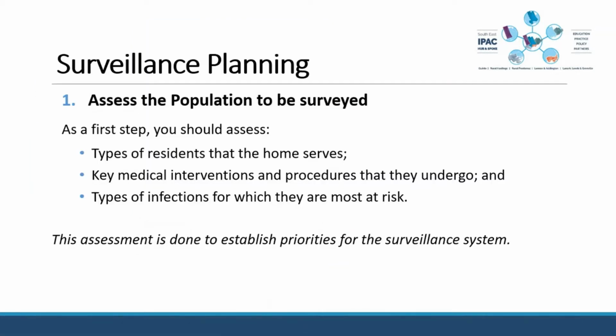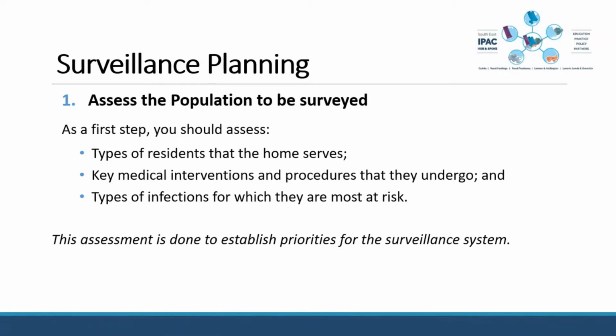So with surveillance planning, as each home is different, an evaluation of the home needs to be completed. A first step in surveillance system planning is to complete an evaluation of the populations that are served by the long-term care home. To evaluate the population in your home as a whole, you want to look at the type of residents. So, for example, is there an elderly population, immunocompromised, comorbidities, the key medical interventions?